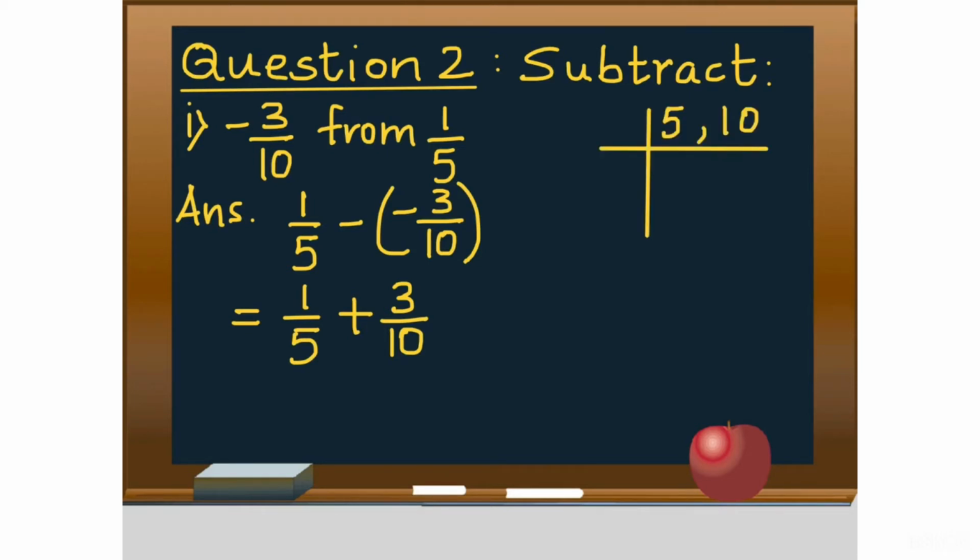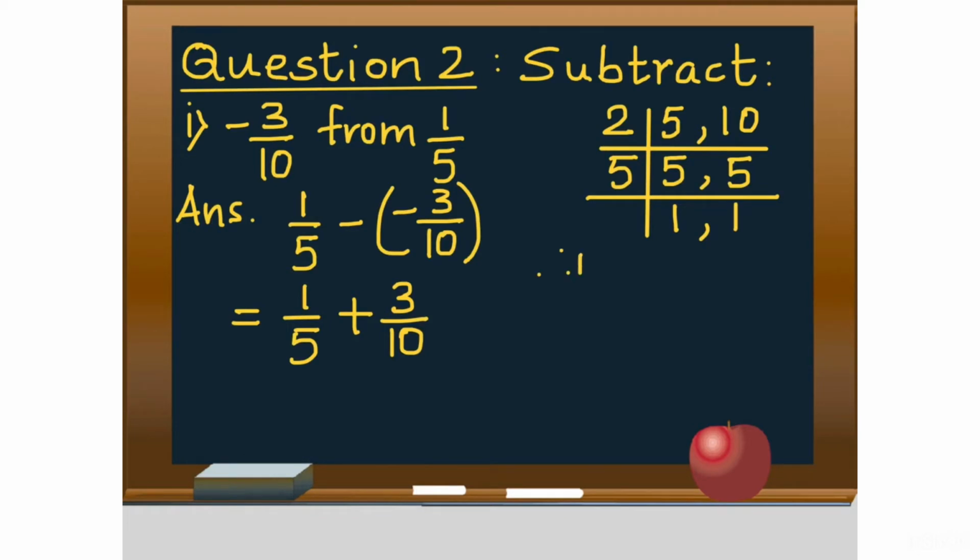So let's find the LCM of 5 and 10. Since 10 is divisible by 2, let's divide it by 2. 5 we will write as it is since 5 is not divisible by 2. 2 times 5 is 10. Let's now divide by 5. 5 times 1 is 5. 5 times 1 is 5.